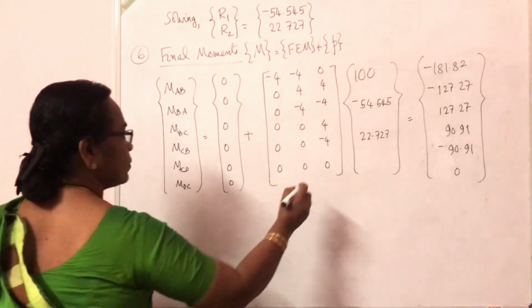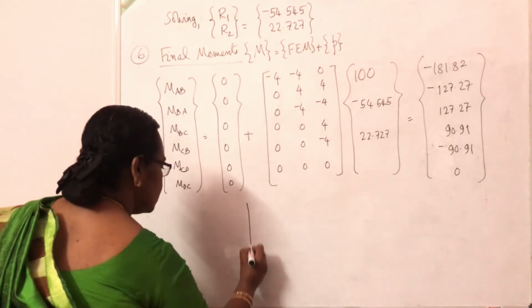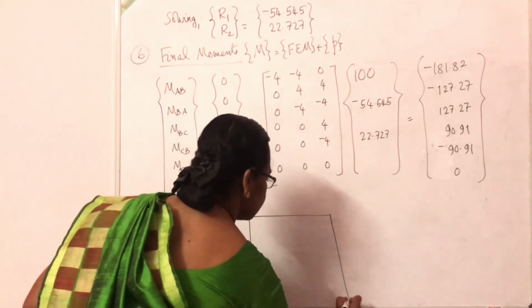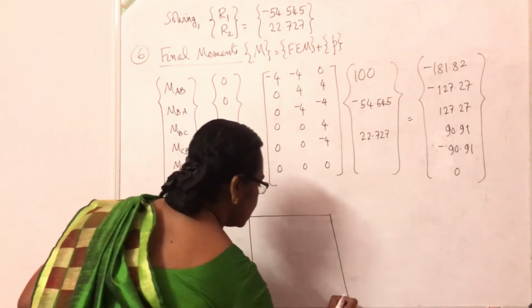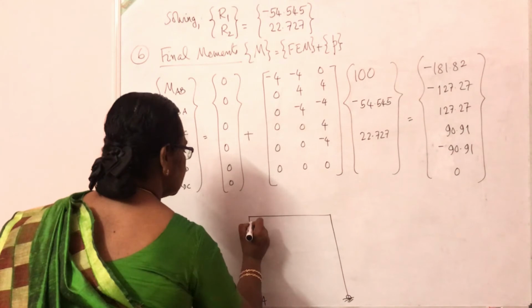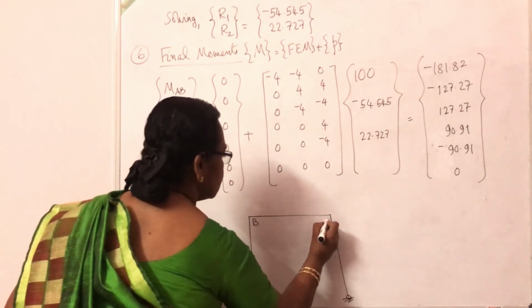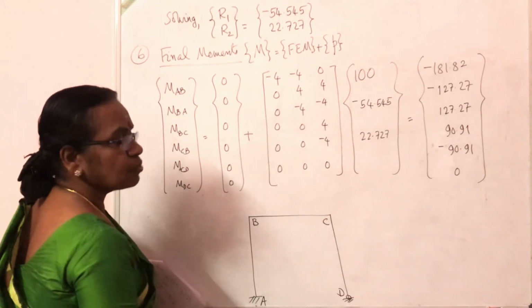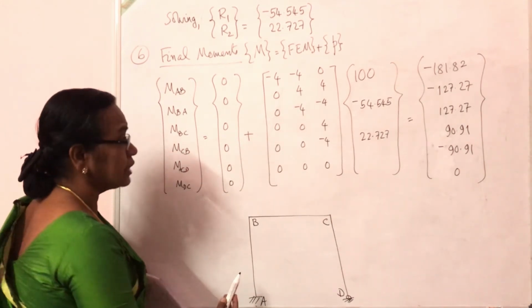Now we have to draw the bending moment diagram based on the result. Based on the result, you draw the frame, and it was hinge A, B, C, D. First one, minus 181.82. That means anti-clockwise.